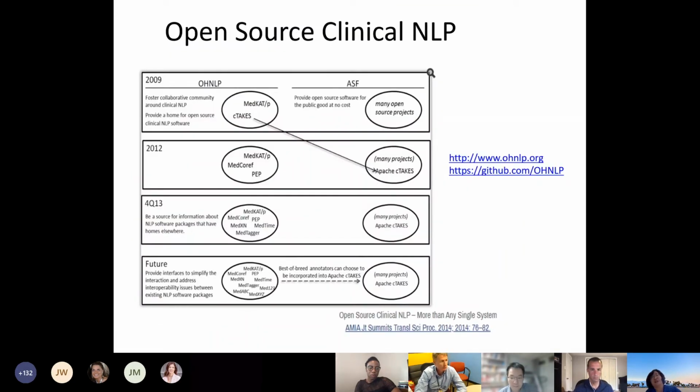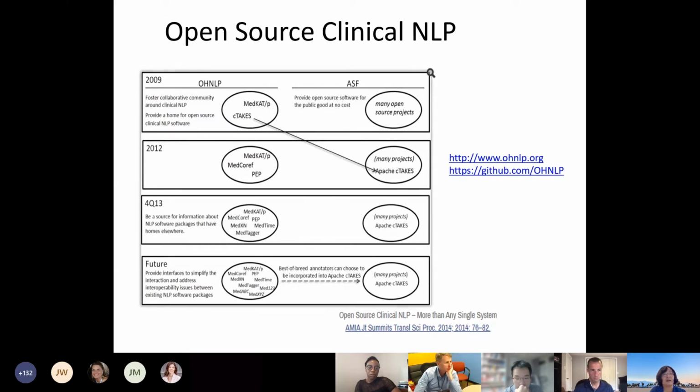So going back to the source of OHNLP. This was established in 2009, the Open Health Natural Language Processing Consortium, through the collaboration between Mayo and IBM, which released two open source NLP systems. One is cTAKES, which later became Apache cTAKES. The second is MedTagger, which later became the driving engine behind the IBM oncology-related effort.